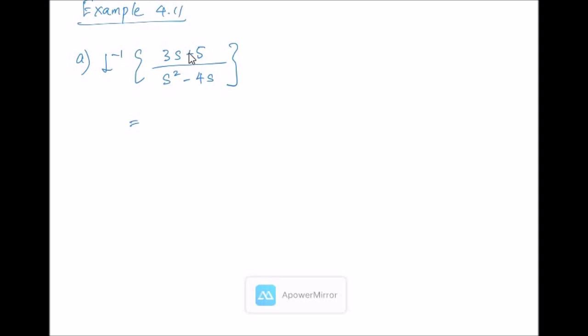So I write in this way. I take out the 3, 3 for the inverse Laplace transform of s over s squared minus 4s, and then plus with 5 inverse Laplace transform of 1 over s squared minus 4s. I split into 2 because it's an operation of plus.